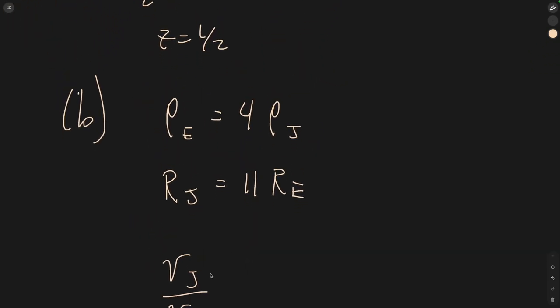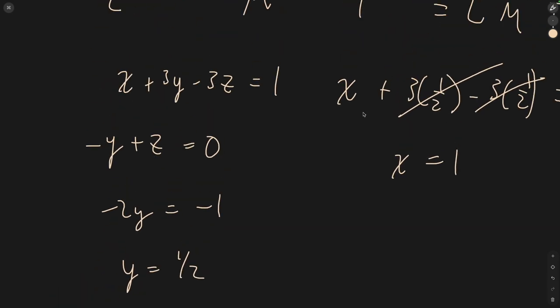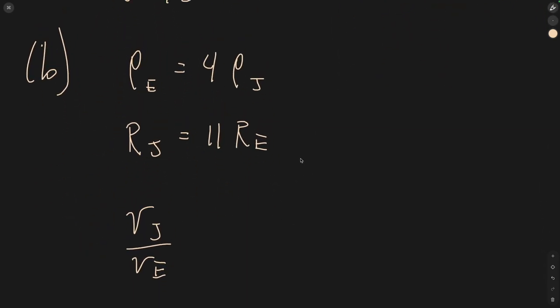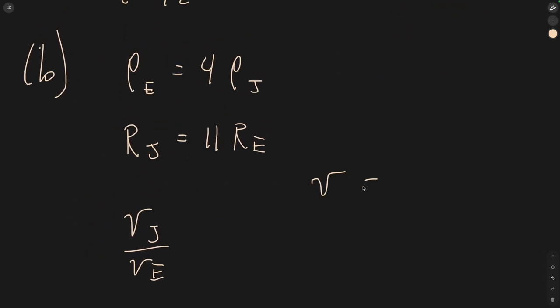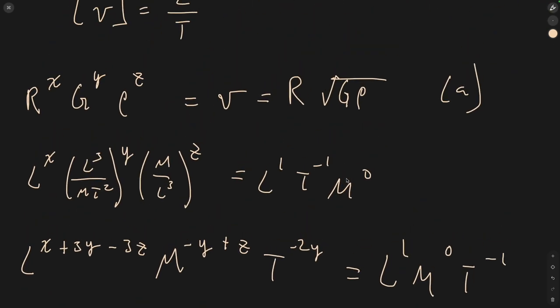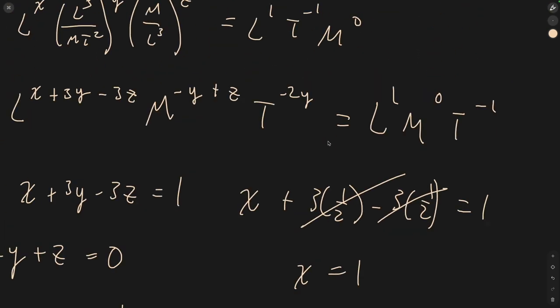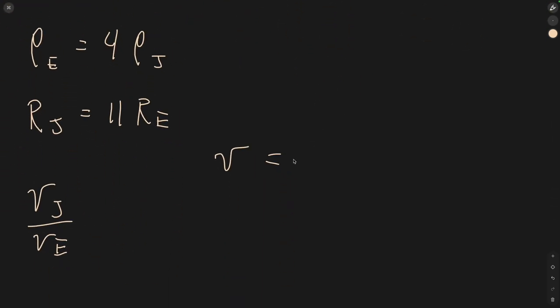Well, can we just plug J in for these? So here's V in general. In general, V is R times the square root of G rho.